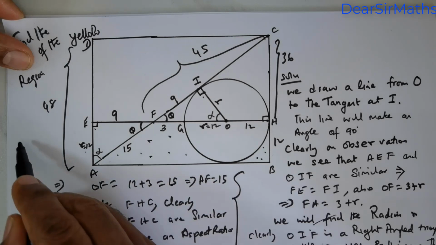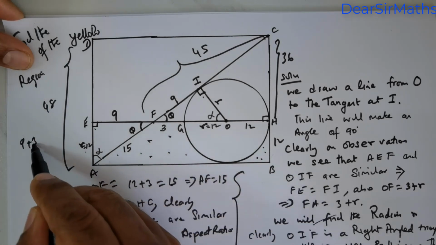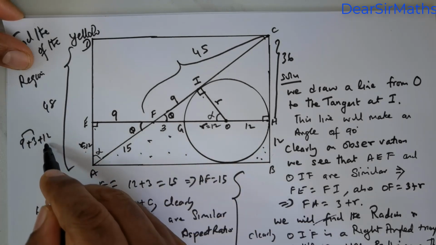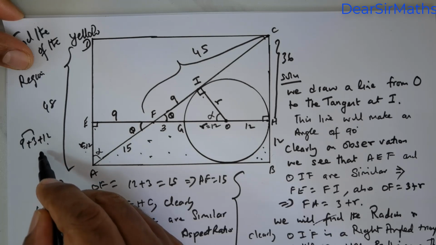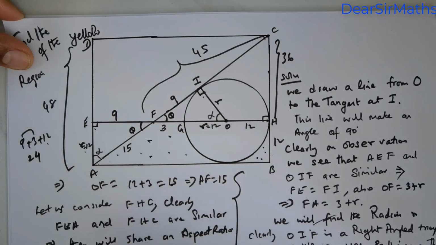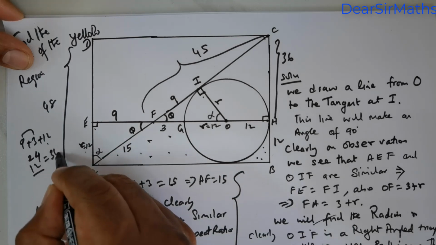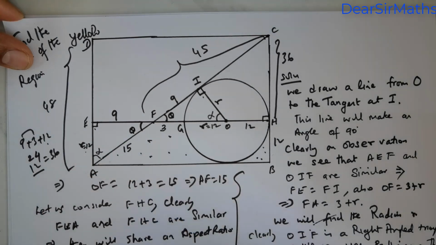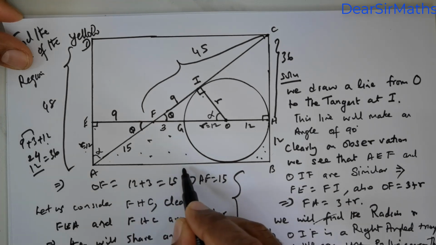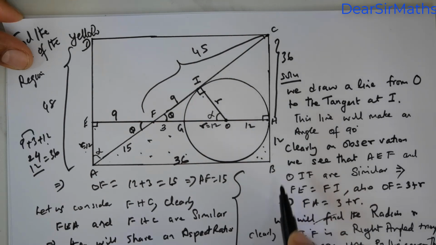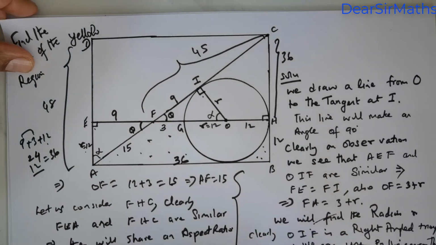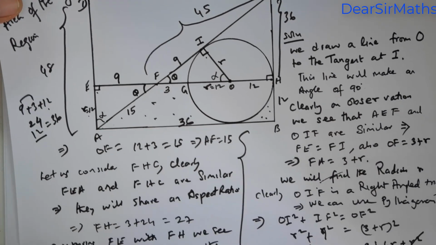So 9 plus 3 plus 12. This is 12 plus 12 units. That's going to be 24 plus 12. That is going to give me 36. So let me write that base down here. So this is 36. So let me utilize a fresh page.